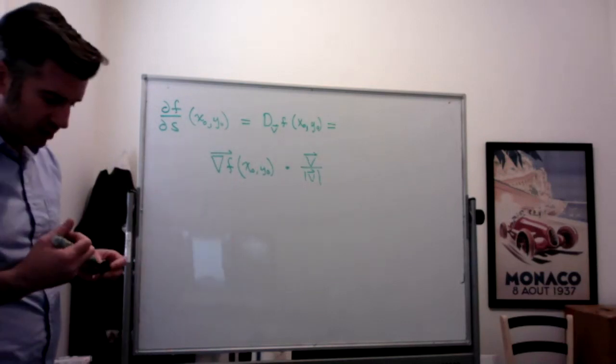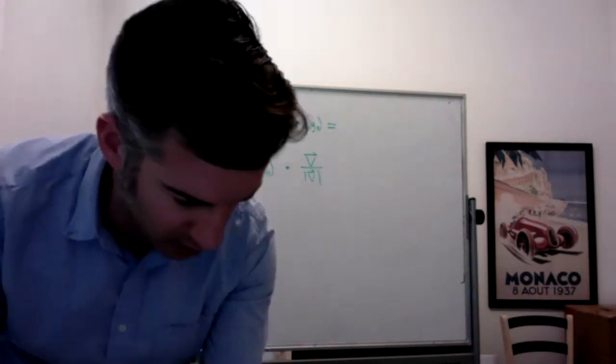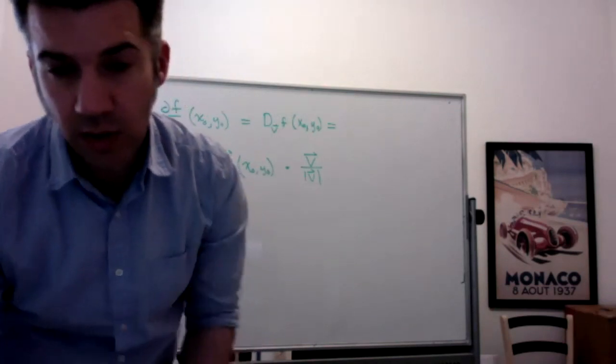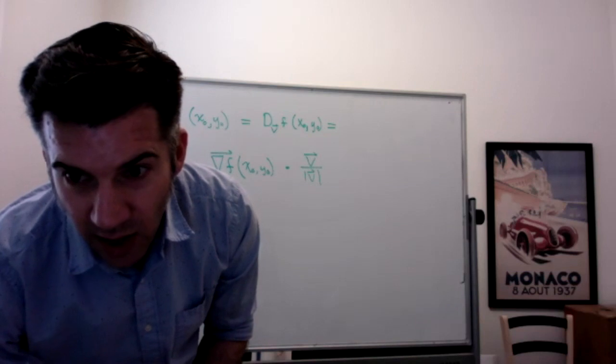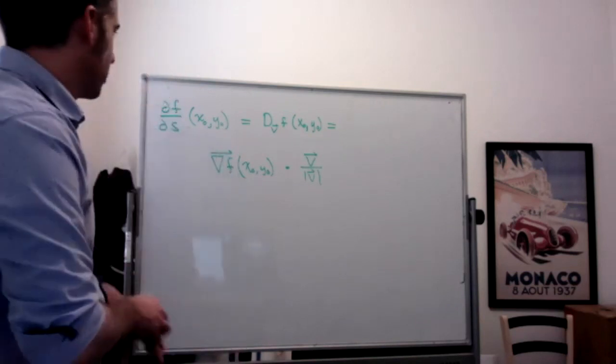So let's do some examples, and then we'll talk about a few interesting pieces of information. He did that example already in class, so let's not do that one. Let's do some fun examples.